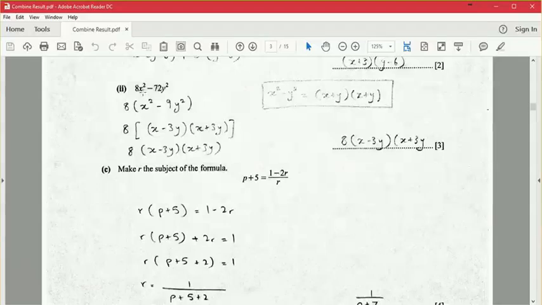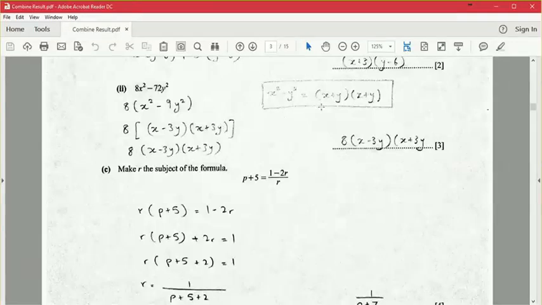The second one is 8x squared minus 72y squared. We'll take 8 as a common factor, so it becomes x squared minus 9y squared. This looks similar to x squared minus y squared, which equals x plus y in brackets times x minus y in brackets.